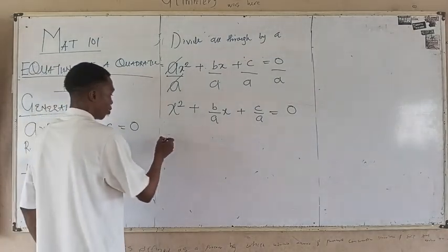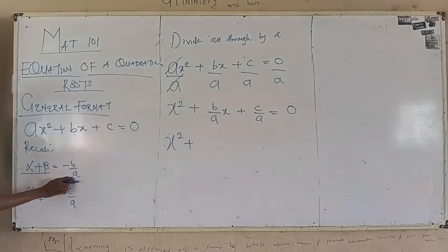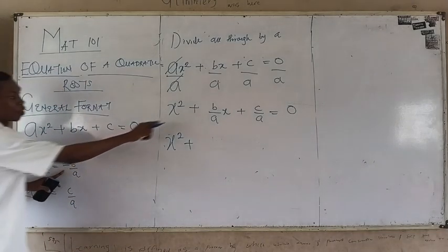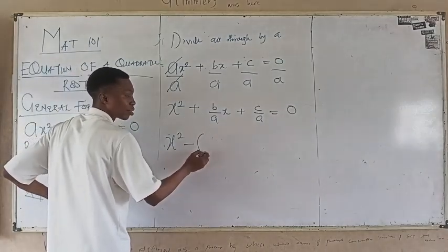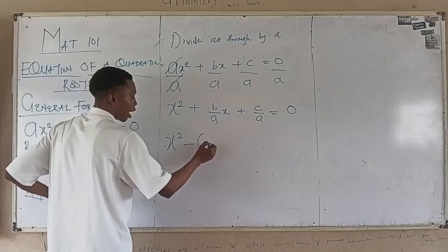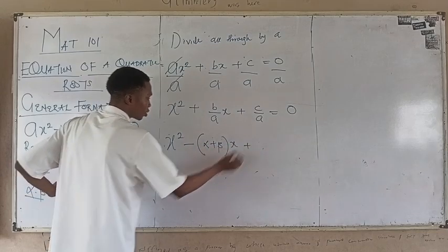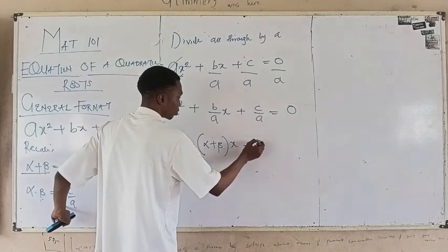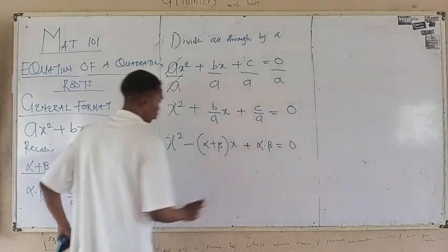So let's look at it now. x squared plus, if I want to input b over a, what should I have? Minus must be outside, because the minus will affect the plus. So here should be minus in bracket alpha plus beta, then x. Plus, looking at this side, alpha dot beta is c over a. That means here will be written as alpha dot beta equals to 0.